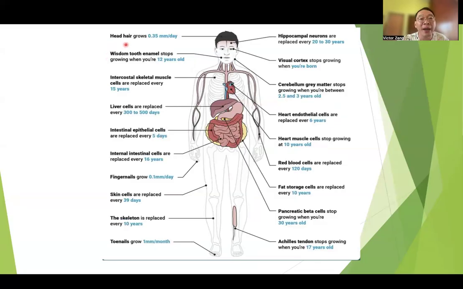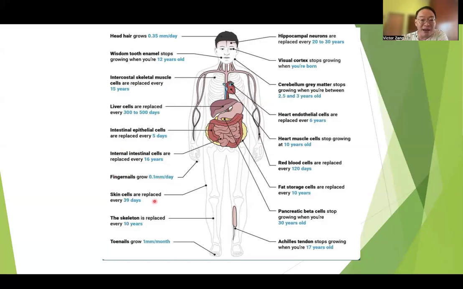Our hair grows 0.35 millimeters a day. Our wisdom tooth stops growing when you're 12 years old. Intercostal skeletal muscle cells are replaced every 15 years. Liver cells are replaced every 300 to 500 days. Our intestinal epithelial cells are replaced every 5 days. Fingernails grow 0.1 millimeter a day.